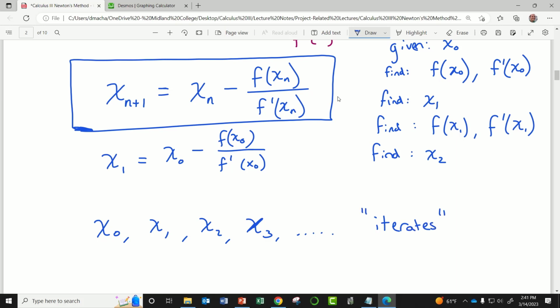And you can make a sequence with infinitely many iterates, and this sequence, again, if everything seems to be working correctly, then we expect these iterates to be getting closer and closer to the value of x that gives you a 0 for your function.